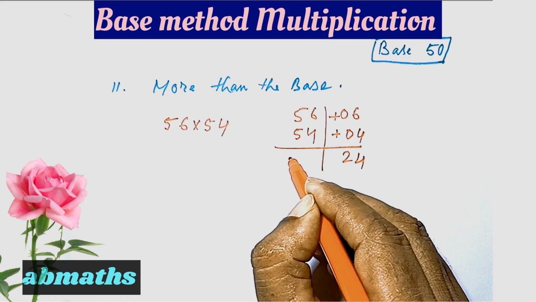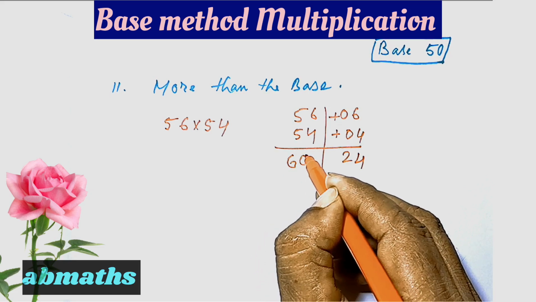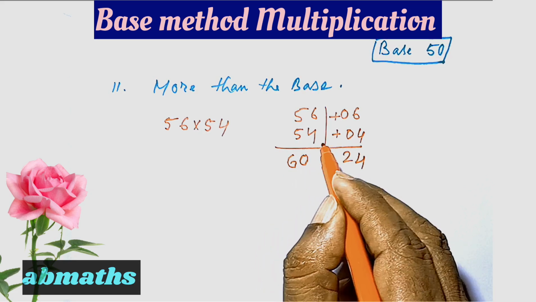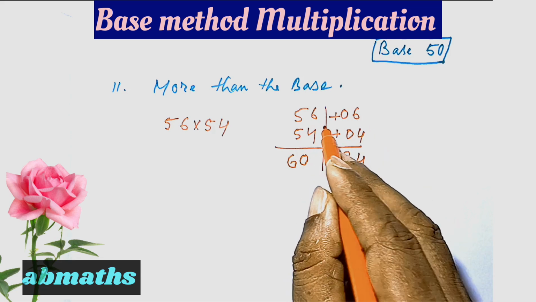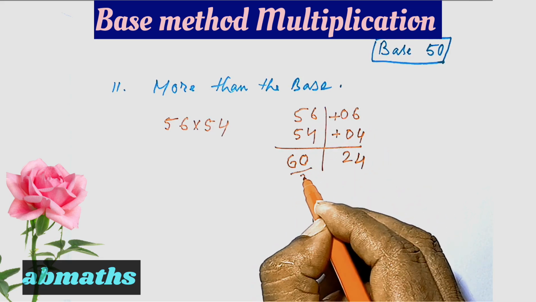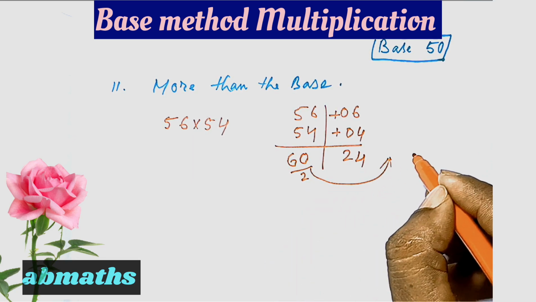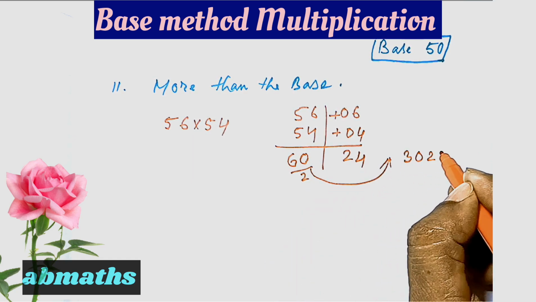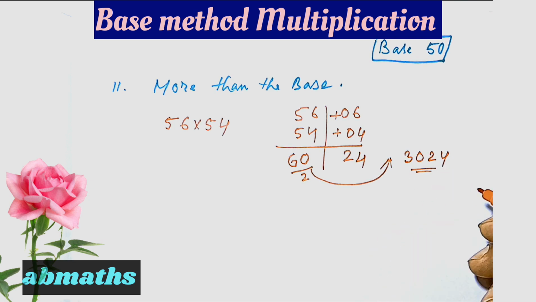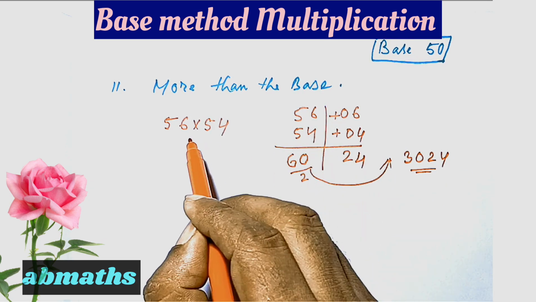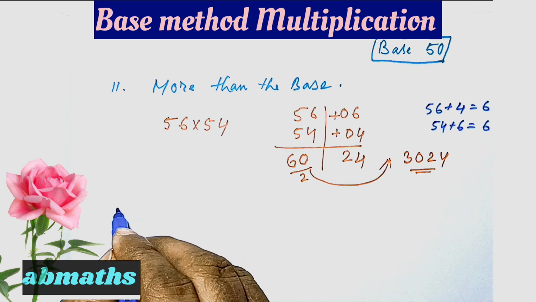Both give the same answer, 60. 54 plus 6 is 60. 56 plus 4 is 60. Then we divide it by 2 to get 30, and the answer will be 3024, which is the product of 56 and 54.